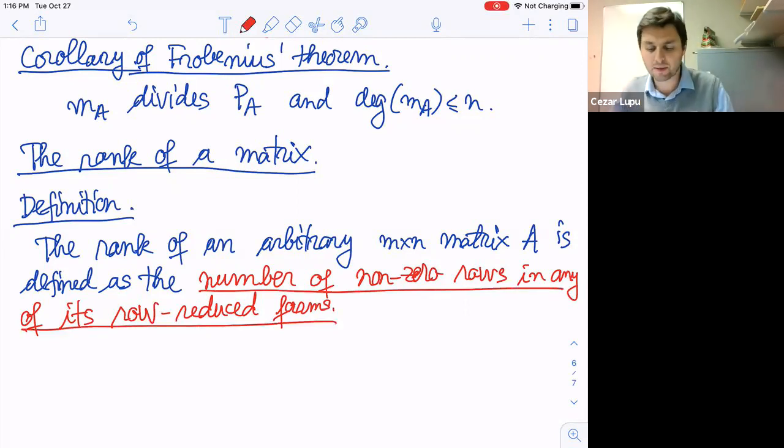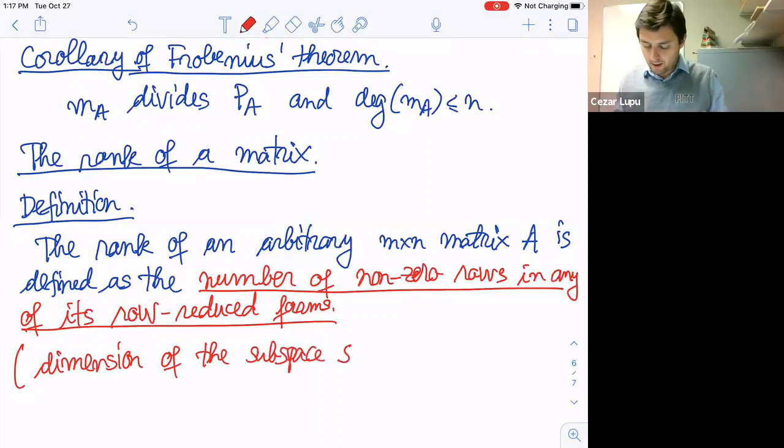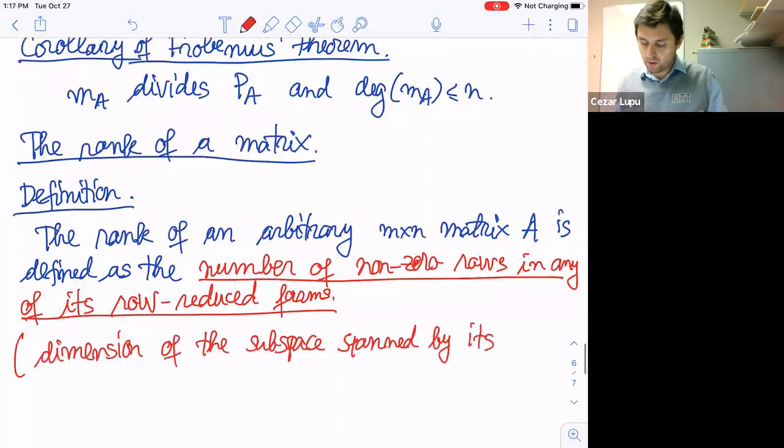Usually it's not defined like this, but usually it's defined, well, this coincides, is the same definition as the dimension of the subspace generated by its rows, or the dimension of the subspace generated by its columns. Anyway, you can say that this is the dimension of the subspace spanned by its rows or columns.